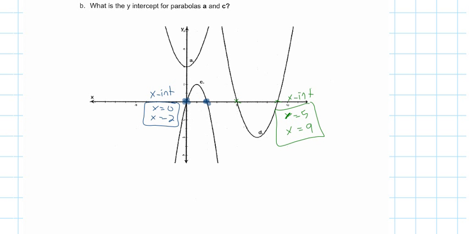Now, why didn't they ask me for the x-intercepts for A? There are no x-intercepts. You see how it's opening upward and it's above, right? It's never intersecting that x-axis. Are we okay with that?